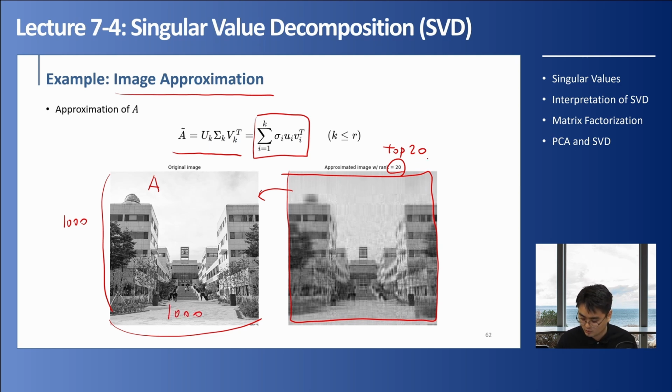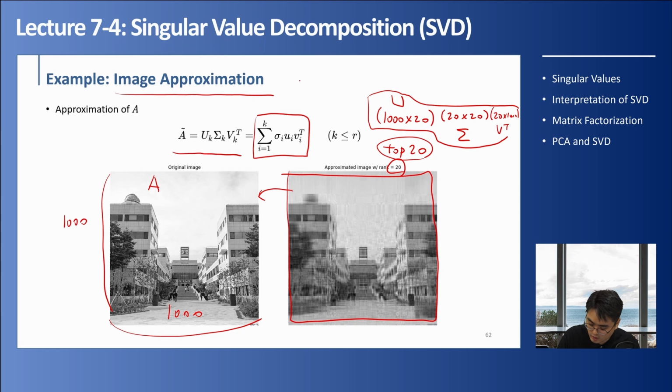Then we can represent this 1000 times 1000 image using 1000 times 20 as our U matrix, 20 times 20 as our sigma matrix, and V as 20 times 1000, which requires much less memory compared to the full image size of 1000 times 1000.